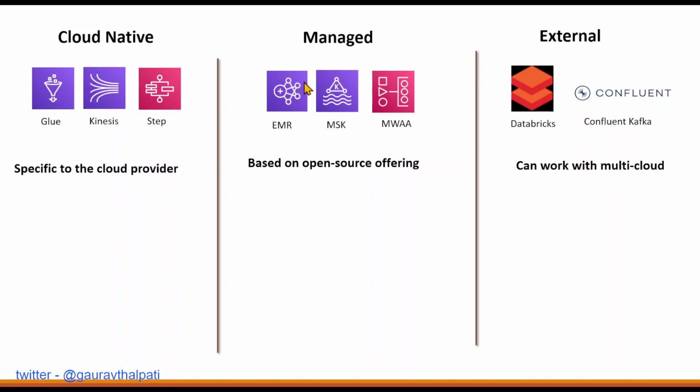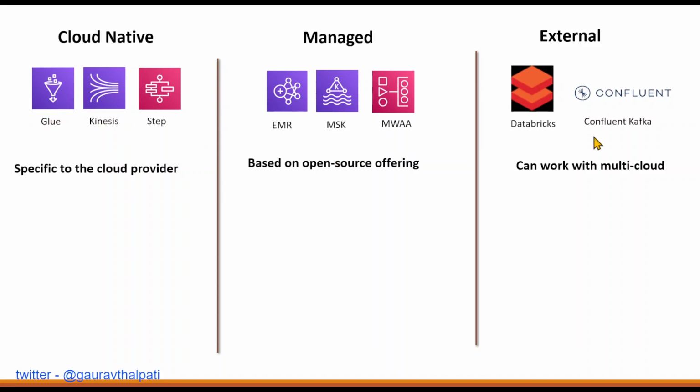Like if you have run something in Spark on EMR, you can also run it on your on-prem Spark cluster. It is possible. But in Glue, if you have used some of the features of Glue Spark, like the dynamic data frames, which are very specific to Glue, you cannot use it. You will have to get that conversion done.